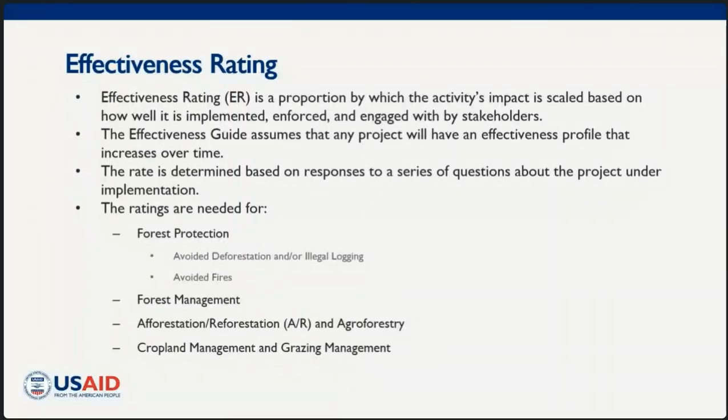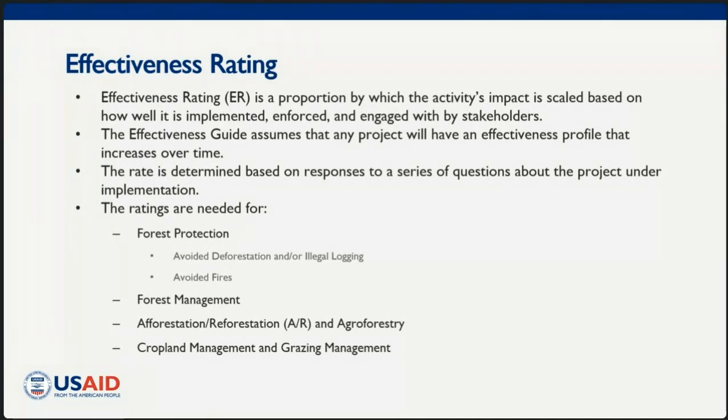You need to get that effectiveness rating because this goes into the calculations at the background of the tool, just like the deforestation rate and the other default values that Jess just indicated. This has to be done.